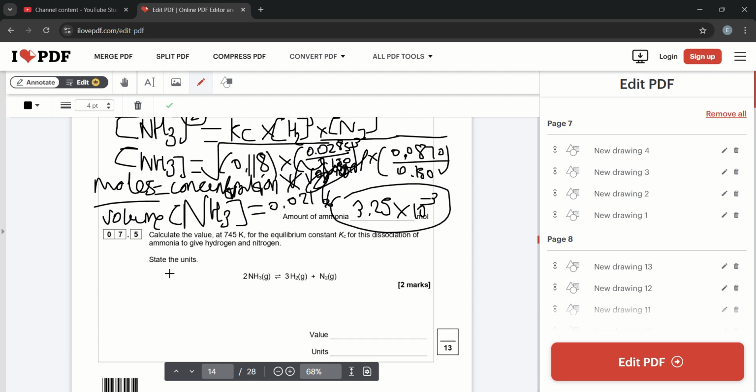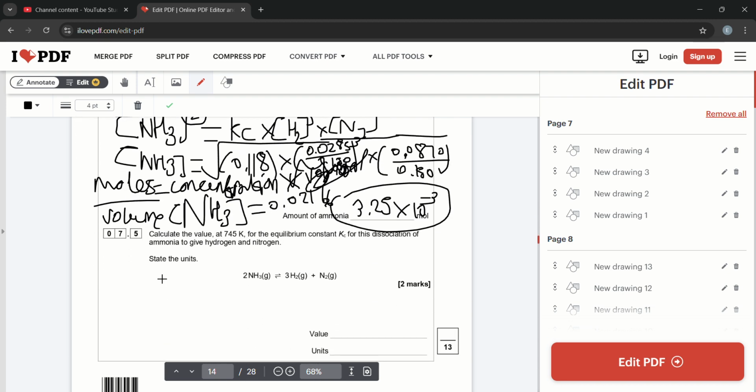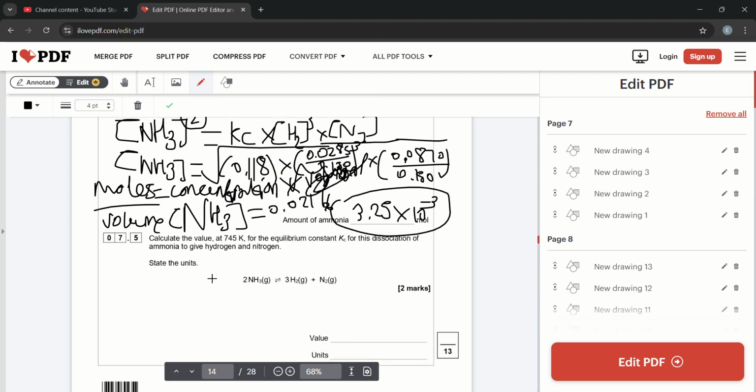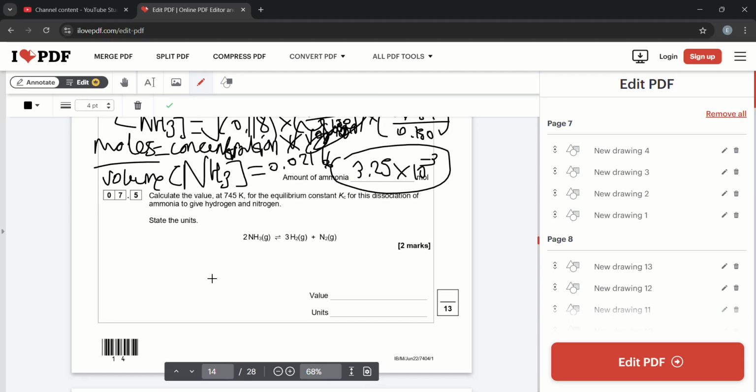And then 7.5. Calculate the value at 745 Kelvin for the equilibrium constant Kc for this dissociation of ammonia to give hydrogen and nitrogen. State the units. Usually when it wants you to calculate the equilibrium constant Kc for another reaction for 2 marks, it's a bit of a trick.